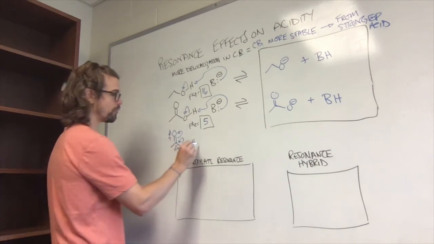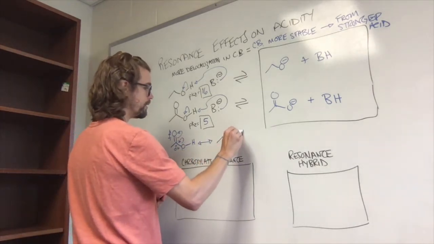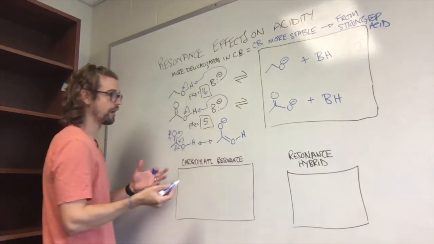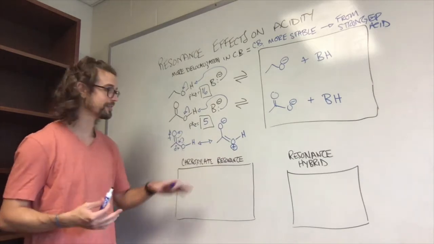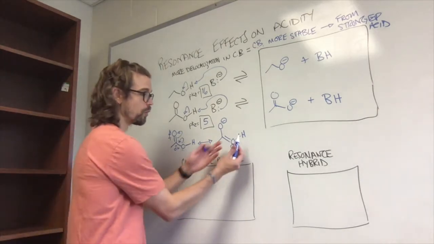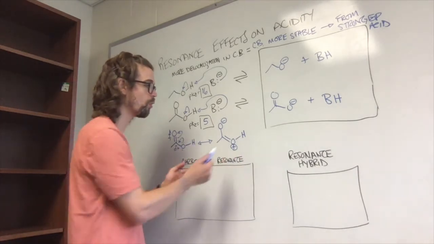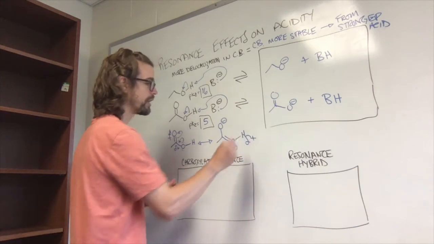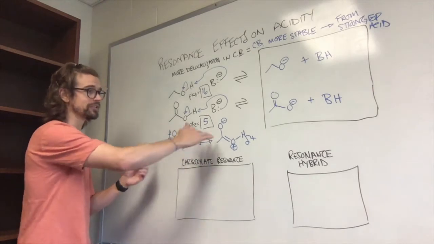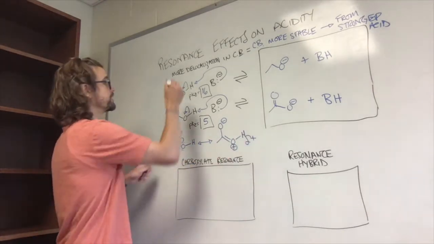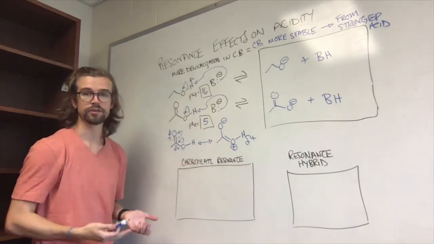If we look at resonance structures of the starting material, we see that in one of the resonance structures, it's not the best resonance structure, but we can actually put a full positive charge on that oxygen, which means that oxygen is going to pull even harder. It's going to pull electron density even more away from that hydrogen, generating an enormous partial positive there. So that's how we can rationalize that this partial positive is probably bigger than that partial positive because of both inductive and resonance effects.